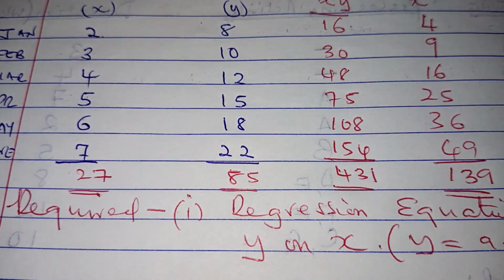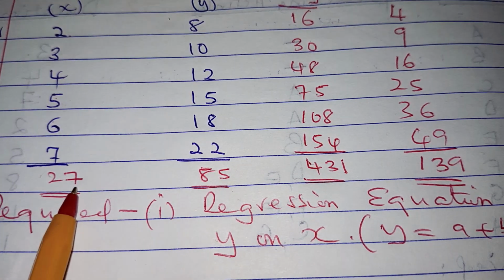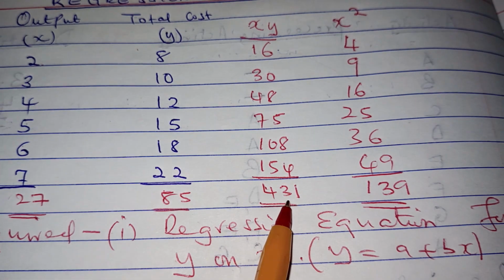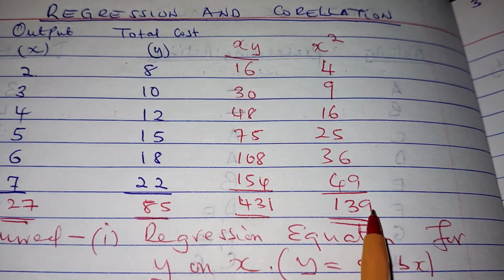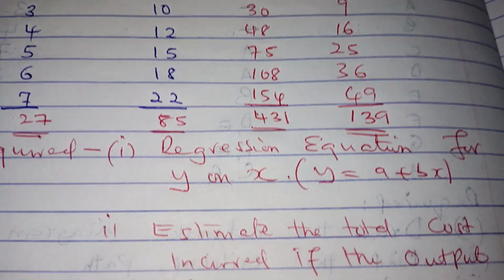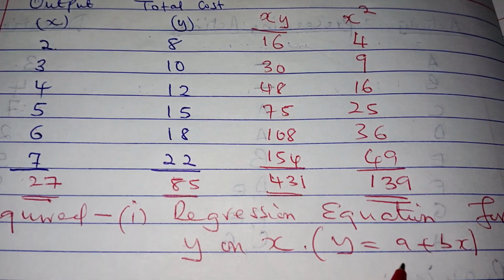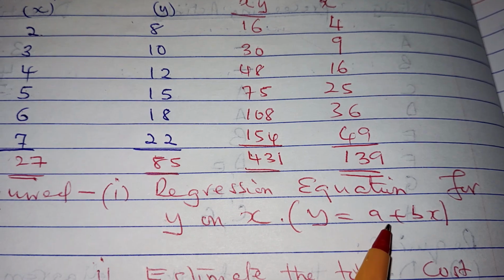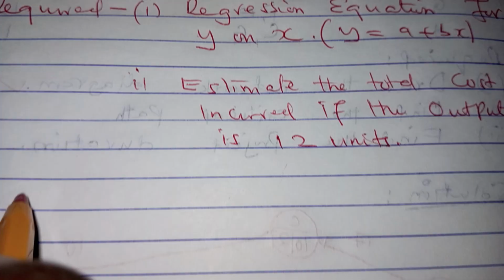Having found the totals, these are the summations. Summation of x is 27. Summation of y is 85. Summation of xy is 431. And summation of x squared is 139. Now we remind ourselves that the regression equation can be found using the least squares method, or the two normal equations formula. This is done as follows.